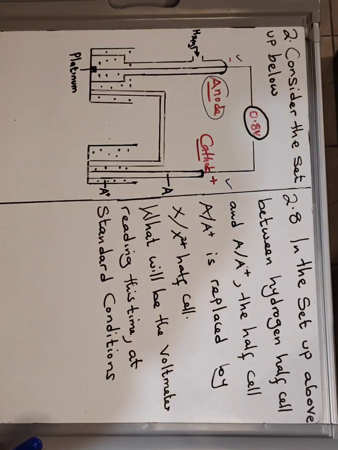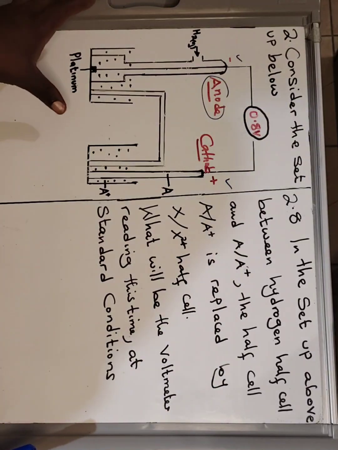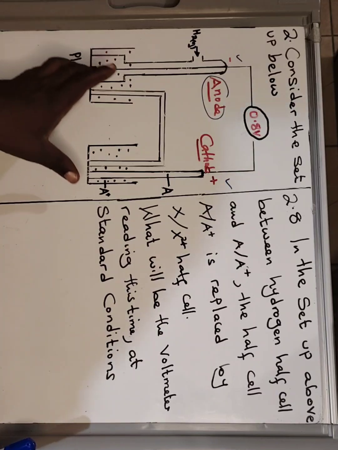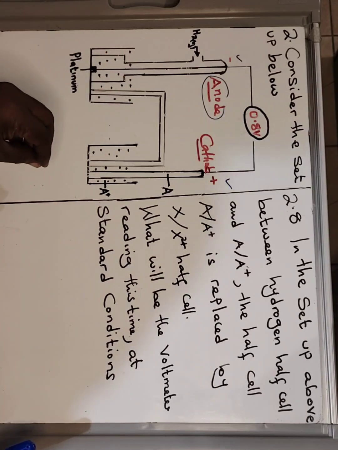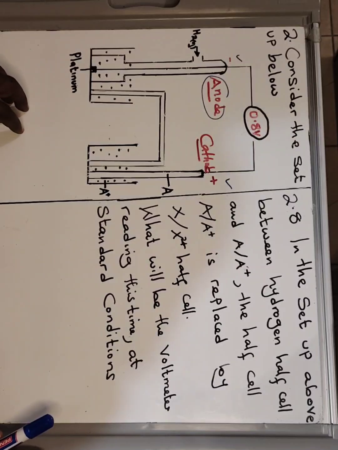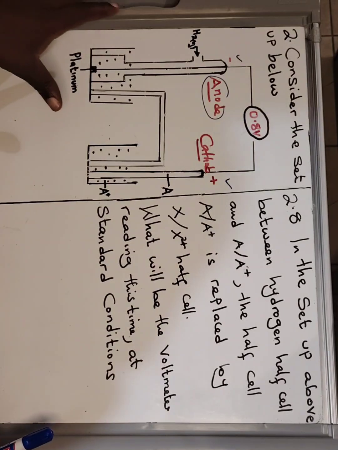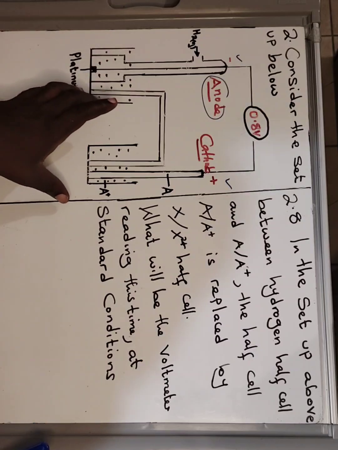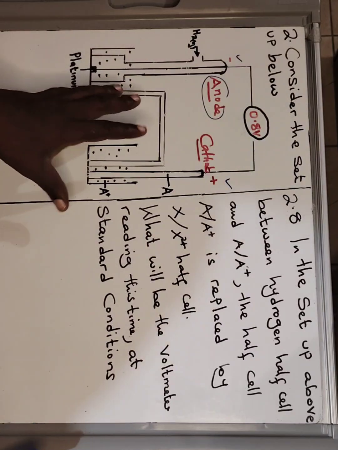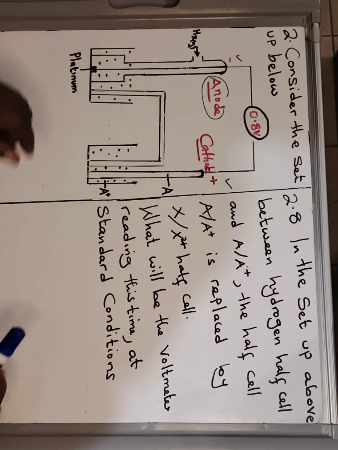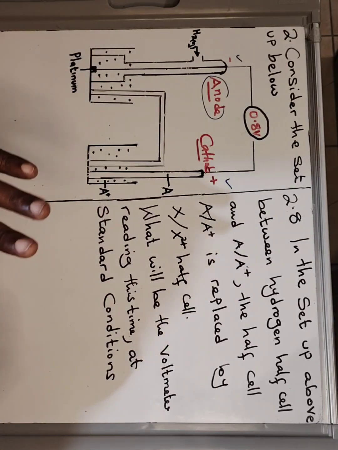I want you to remember what we are doing. We are maintaining the hydrogen half cell, and we are taking away the A half cell, and we are replacing it with the X half cell. So the setup is between hydrogen half cell and X half cell. A is gone. So instead of A, we have X. What would be the reading?